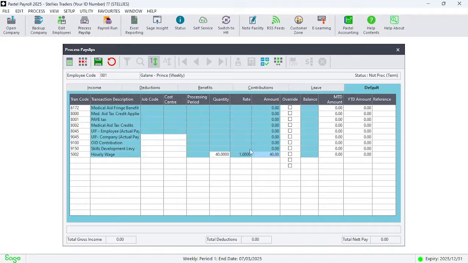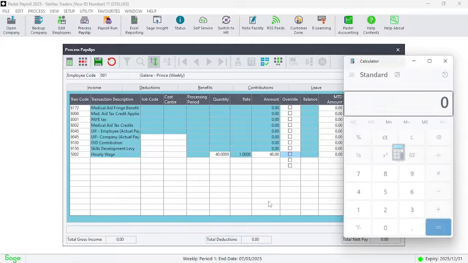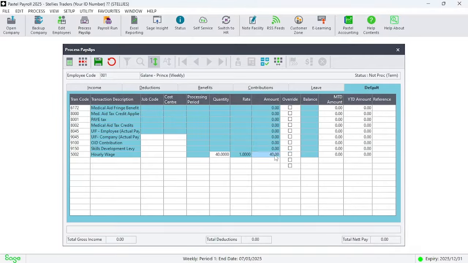Now, there's a way out of this, and that is for us to use our onboard calculator, which is the F9 or function 9 button, and you'll find the onboard calculator comes in here. If I key in 40 times 120, I'm going to get 4,800 rands. So all I need to do now, under amount, is put in 4,800 because I've calculated it.